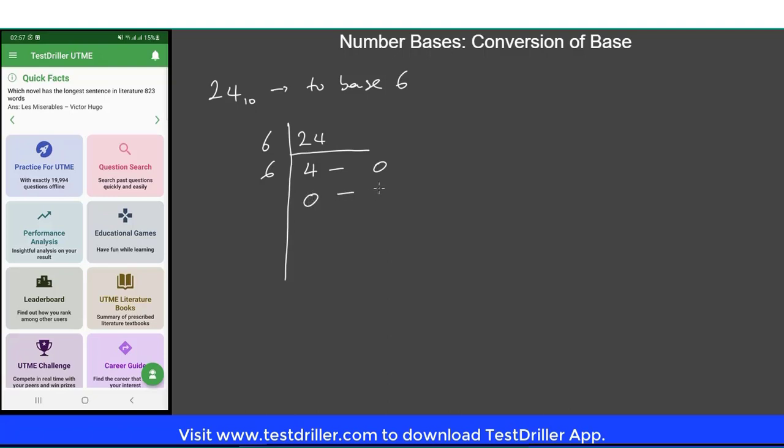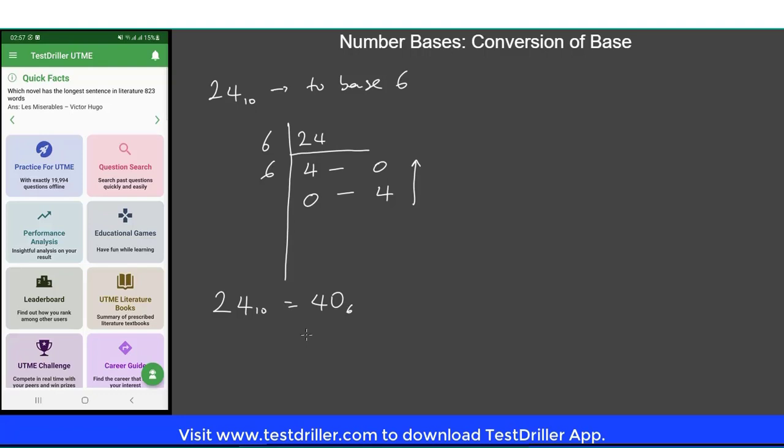The remainder becomes that 4. And now you stop. Once you get to 0 on this left hand side, you stop. So what then is our answer here? You take the numbers from the bottom to the top, so 24 in base 10 is equal to 40 in base 6.